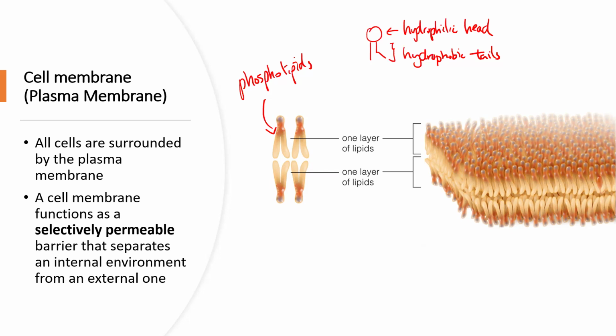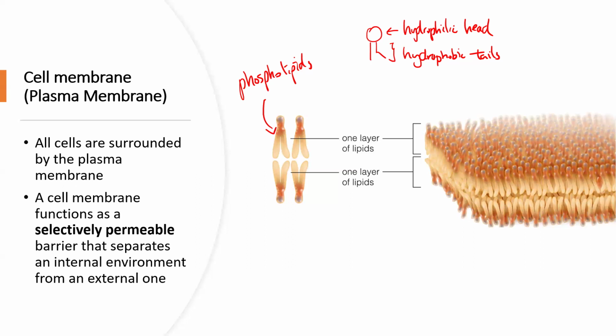Now, the cell membrane is selectively permeable. If something is completely permeable, then it means everything can pass through. Right? If something is non-permeable, that means nothing can pass through. Selectively permeable means it allows something to go through while blocking others, okay?